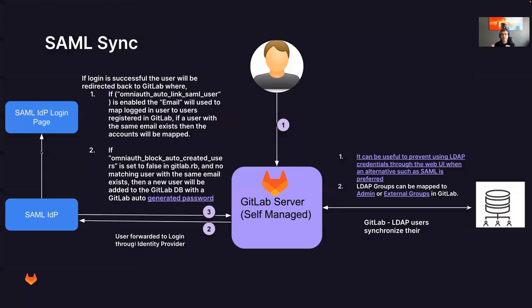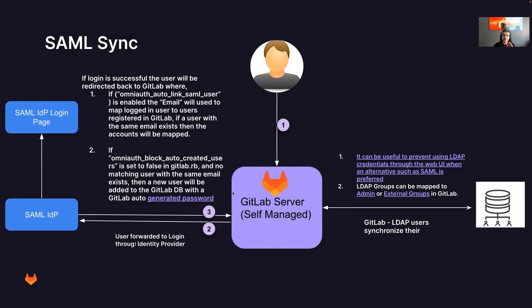So basically, what I'm saying here is, a user will try to log in, and the user will be redirected to the OmniAuth provider. The OmniAuth provider will provide the login page, authenticate the user, check the user identity, and redirect the SAML assertion back to GitLab. Now, if there is no user in GitLab with the same email address and the block auto create user is set to false in the gitlab.rb file, a user will be generated inside the GitLab server.